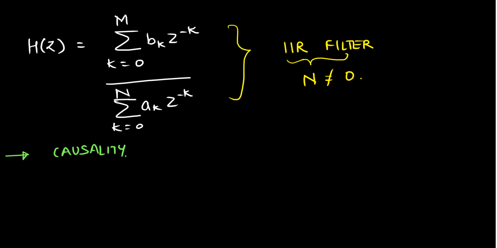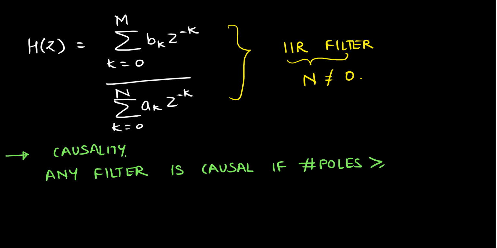So basically this n should be greater than or equal to m, and if this condition is valid, then only this filter h of z is a causal filter.